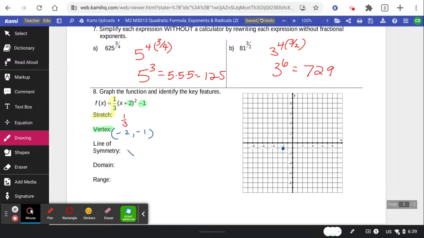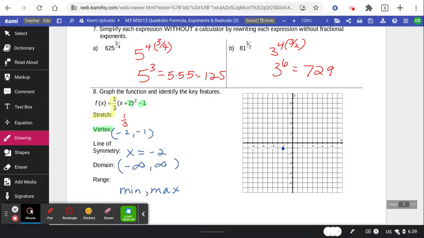My line of symmetry goes straight through that x of the vertex. The domain of every parabola goes from -infinity to infinity. And let's go graph it before we talk about the range, the min to the max. Let's see what it looks like first.